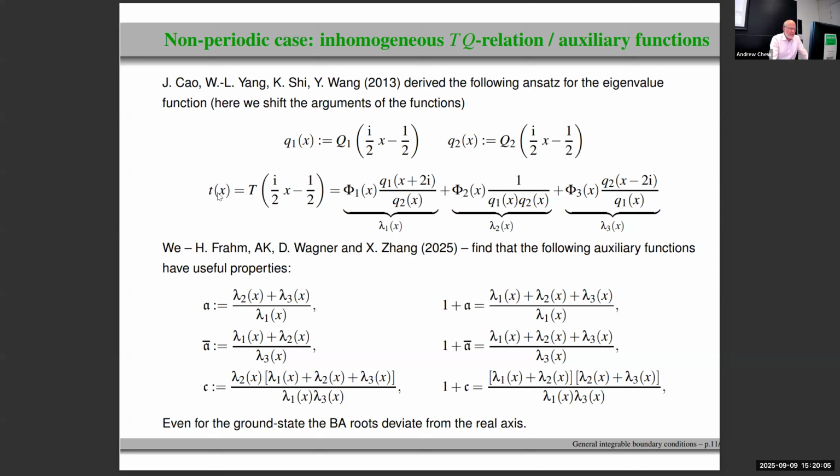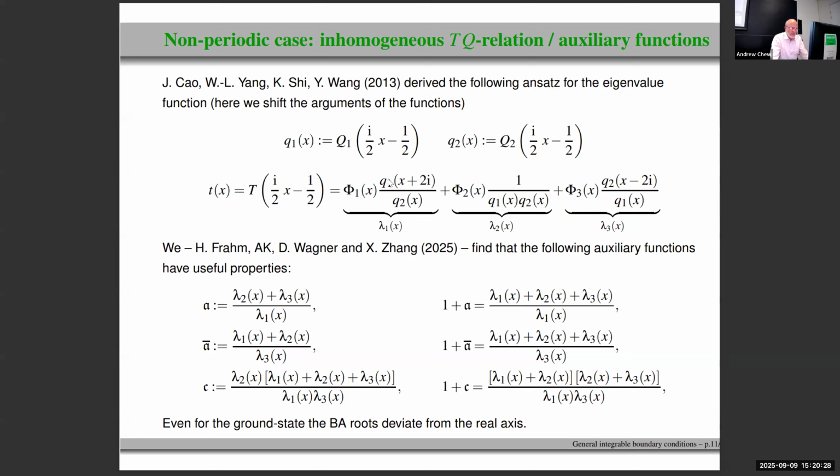Look at the left-hand side, the little t of x is just the transfer matrix in the new parameter. On the right-hand side, you see a sum of 3 terms instead of 2 terms. And the phi 1, phi 2, phi 3 are, again, simple functions like powers of the argument, power to the n, and a few linear factors.